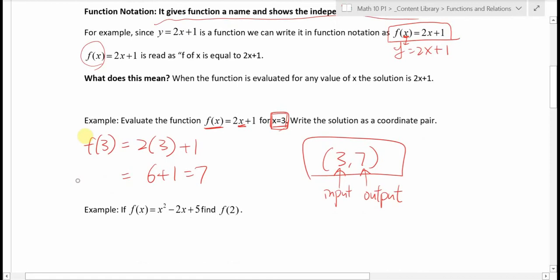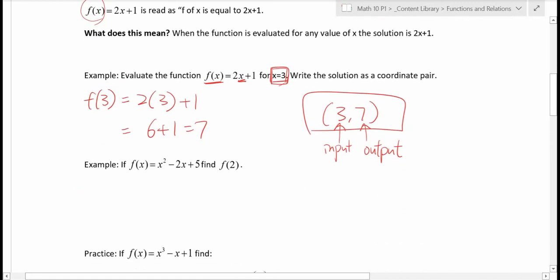Here's another example. If f of x is equal to x squared minus 2x plus 5, we're looking for f of 2. This means the independent variable is going to be replaced with 2. The only difference is that x is being replaced with 2, so we replace every single x that we see.